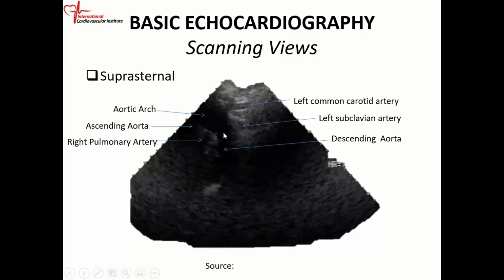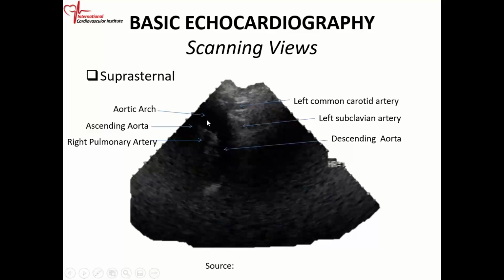This is a crucial view because if your patient has coarctation of the aorta, coarctation is usually right about here. And not only that, if your patient has a dissection, you can also look at the descending aorta. You can see the ascending aorta, the arch, and the descending aorta. So very important view.